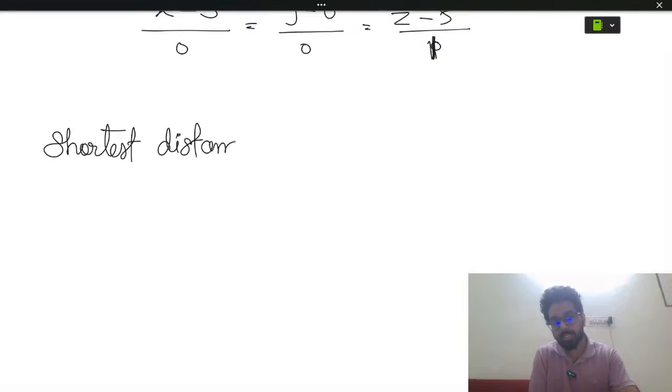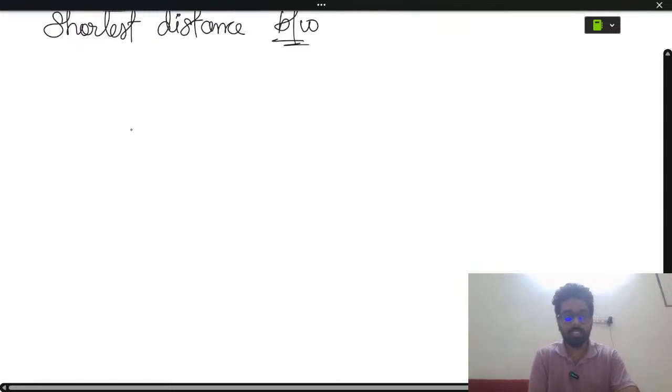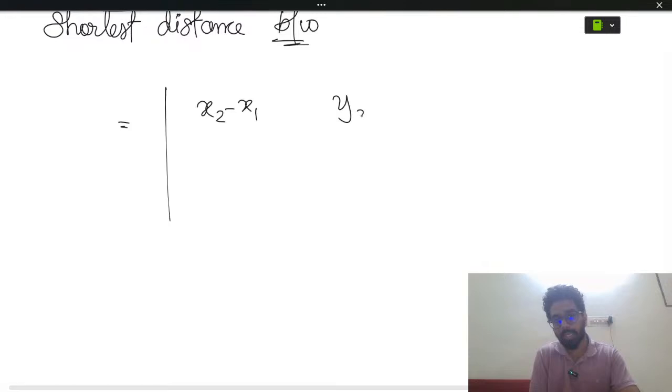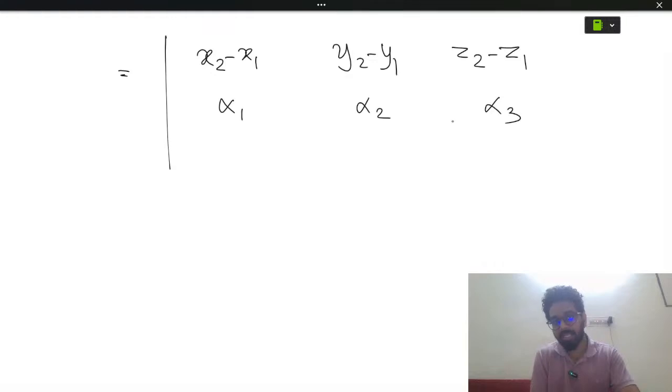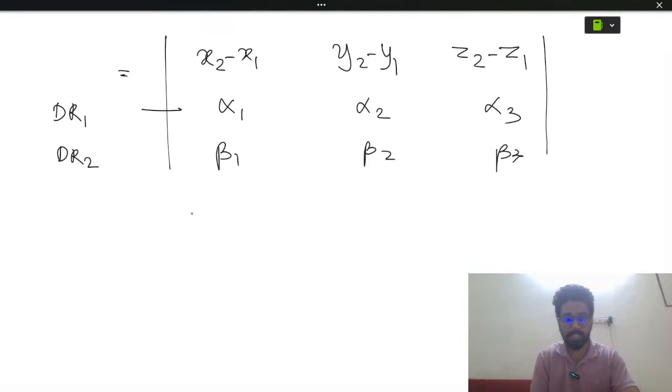Shortest distance between two lines: the numerator is the determinant with rows x2 minus x1, y2 minus y1, z2 minus z1, then alpha 1, alpha 2, alpha 3, which is the direction ratio of line 1, and the direction ratio of line 2, beta 1, beta 2, beta 3. You will calculate this by yourself.